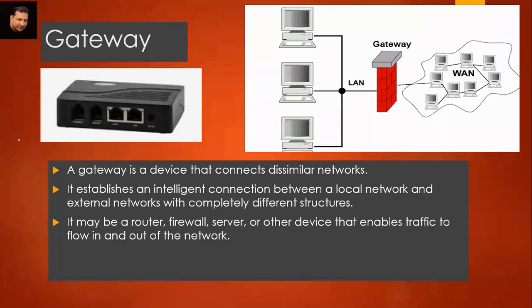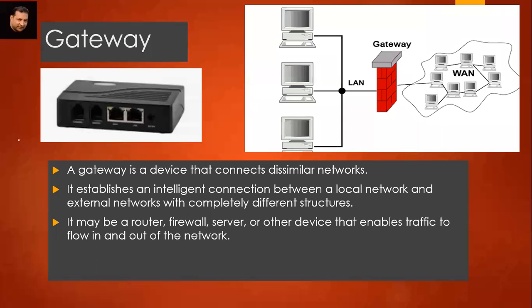Now, this is the last device, that is a gateway. Now, if we have different networks or dissimilar networks, in which protocols are different, when operating systems are different, we don't know the other network. What is the platform of that?